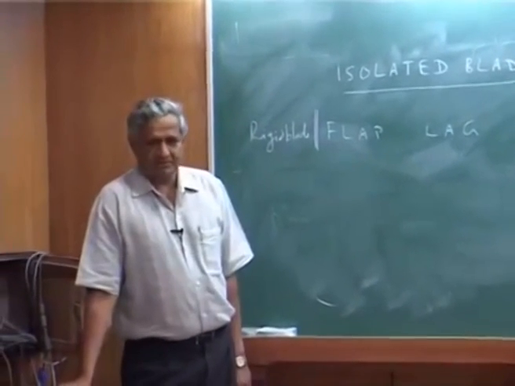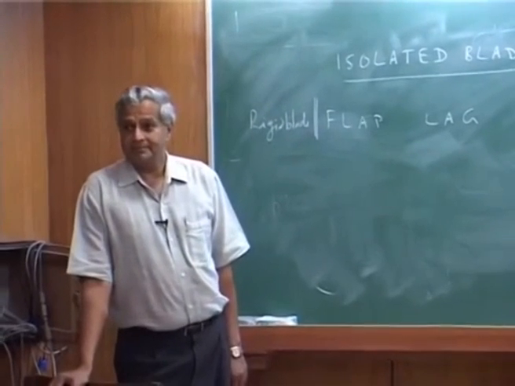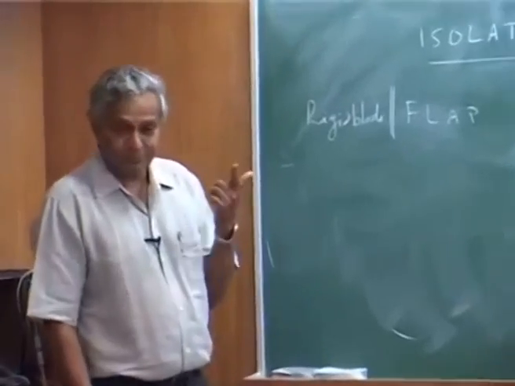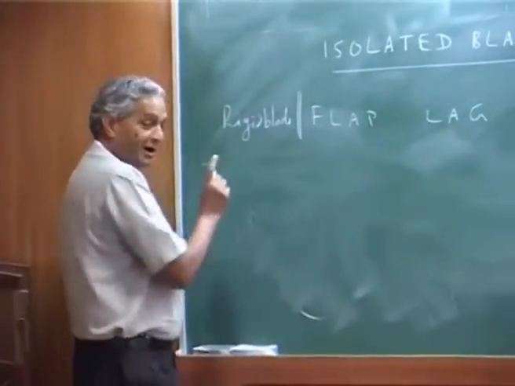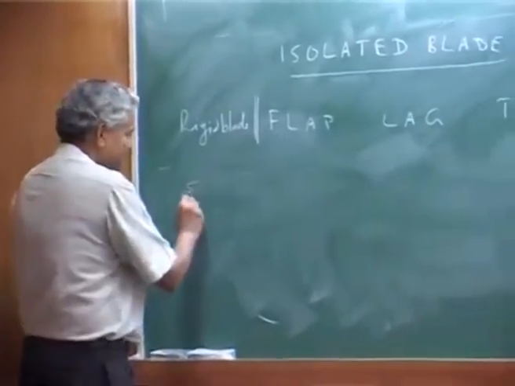Suppose you say, no, I don't want to make a rigid blade, I want to treat it as an elastic blade. Then you have to go, that means modeling itself will lead in a different direction. That is the elastic blade.